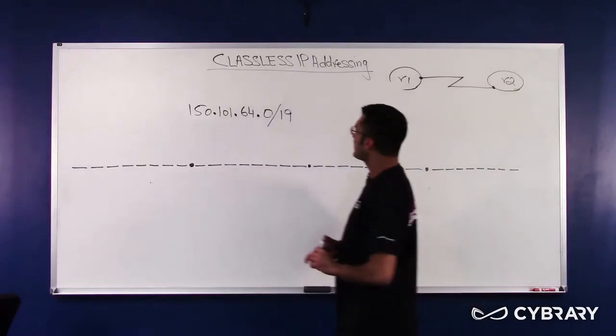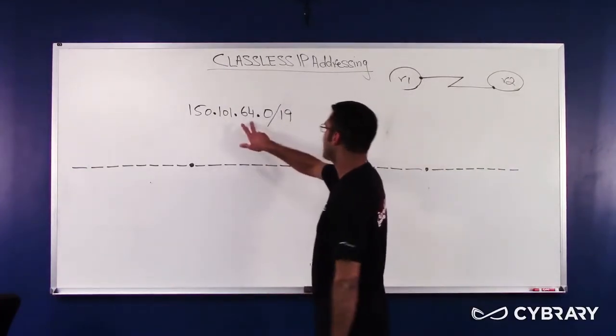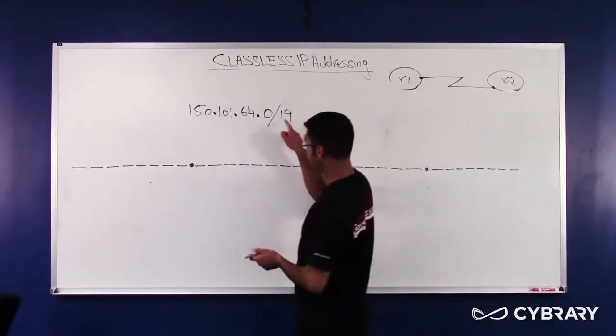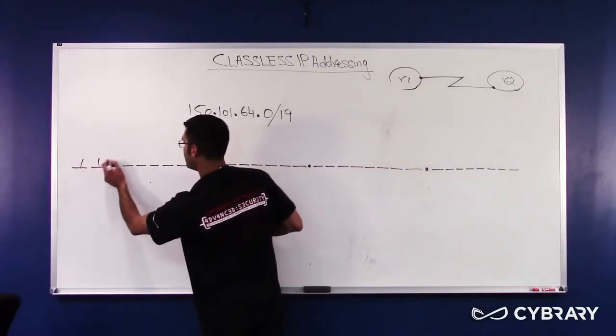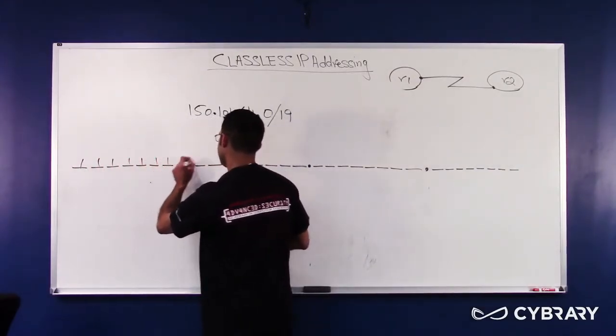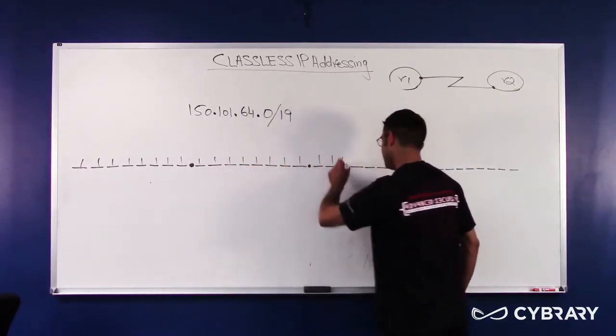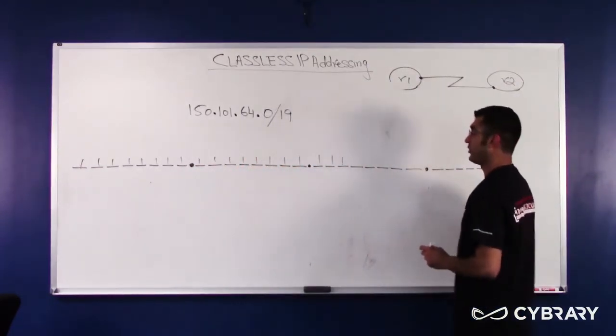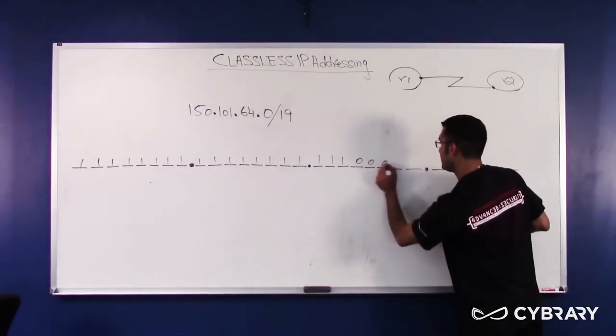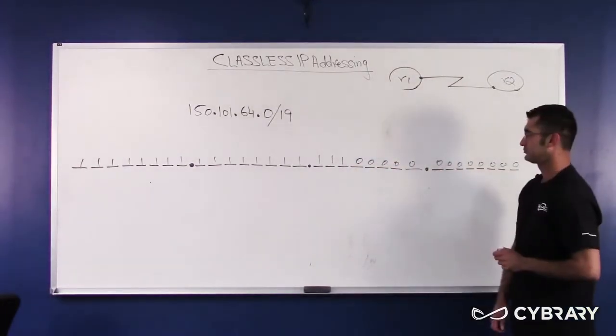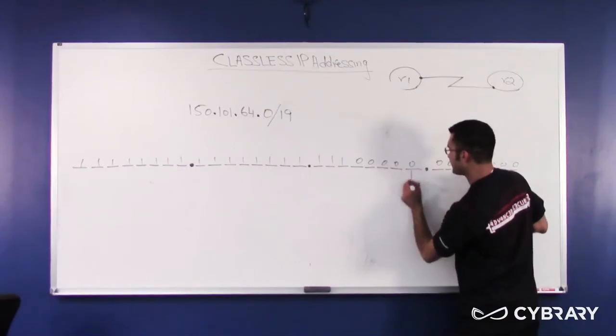So are we working in the first octet, second octet, third octet, or fourth octet? Let's find out. 19 bits turned on. 1, 2, 3, 4, 5, 6, 7, 8, 9, 10, 11, 12, 13, 14, 15, 16, 17, 18, 19. I'm working in the third octet. The rest of the bits are off. What is the value of the last bit turned on?